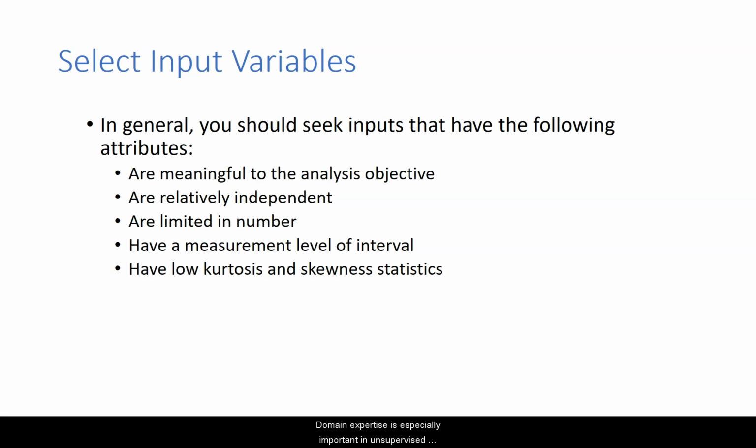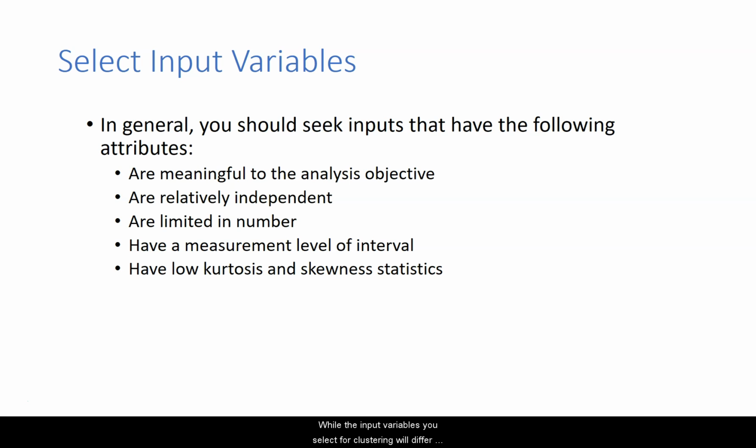Domain expertise is especially important in unsupervised data mining problems such as clustering, because there is no validation available to check your results. Therefore, these analyses need to be driven by sound business understanding instead of just the data.